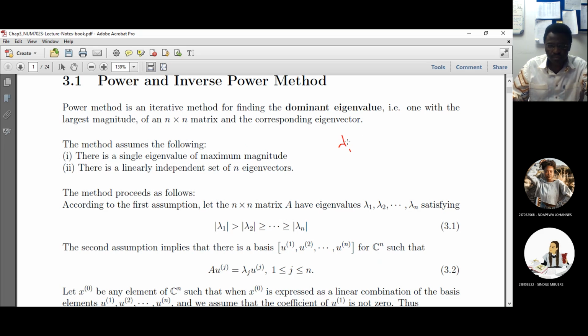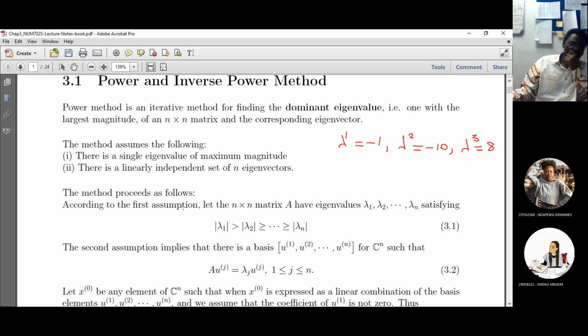Let's say that lambda 1 is -1. Another one, lambda 2, is -10. And then lambda 3 is 8. If I ask you, what is the dominant eigenvalue among these 3? What will you say?